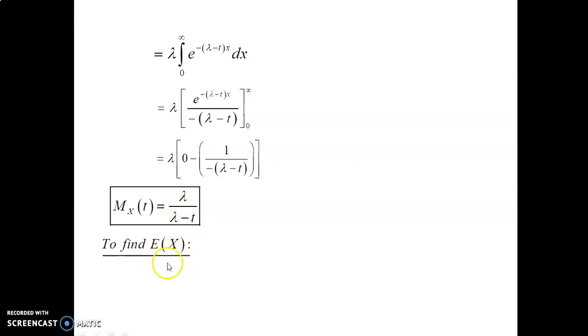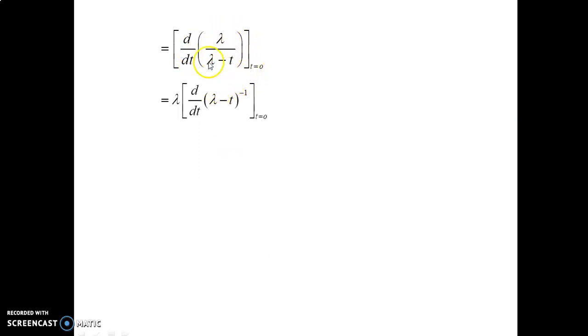To find E of x, the mean, the formula is E of x equal to d by dt of M_x of t at t equal to 0. So d by dt of lambda by lambda minus t at t equal to 0 can be written in this form: lambda into d by dt of lambda minus t the whole power minus 1 at t equal to 0.